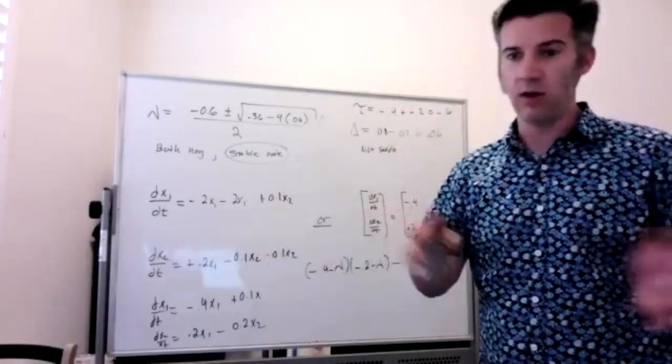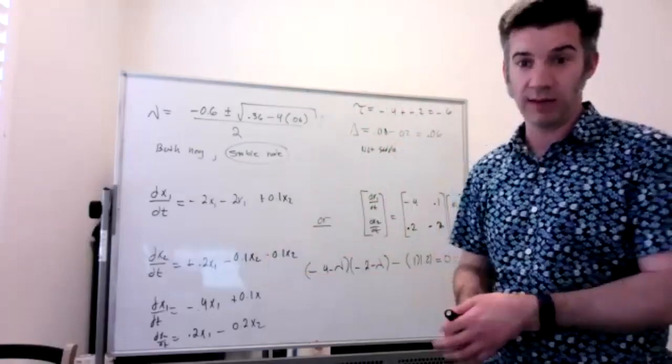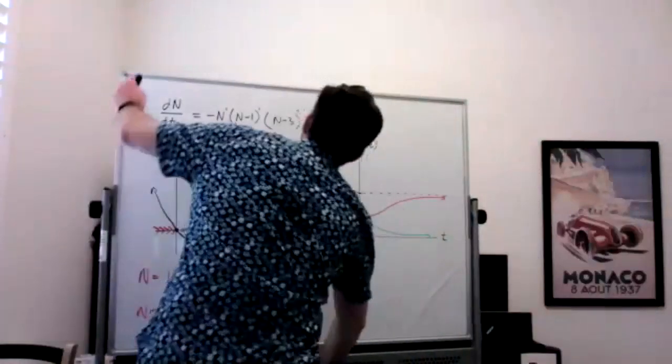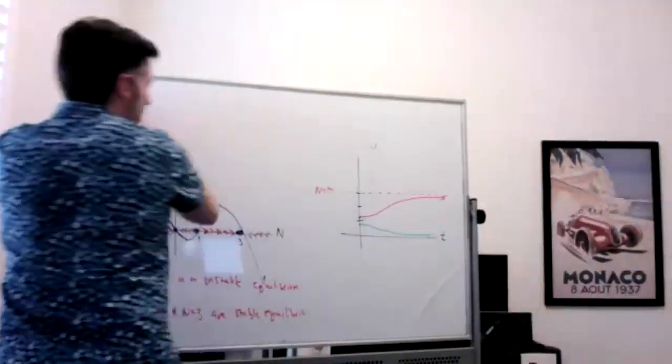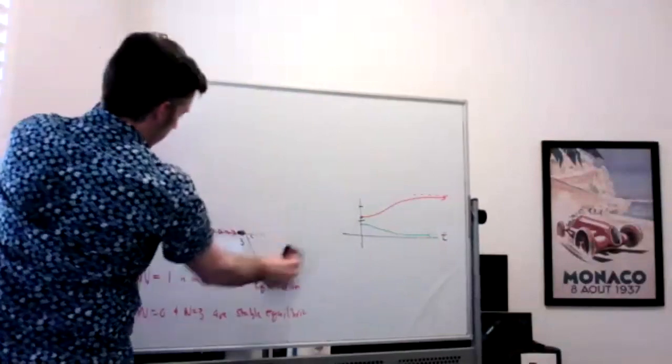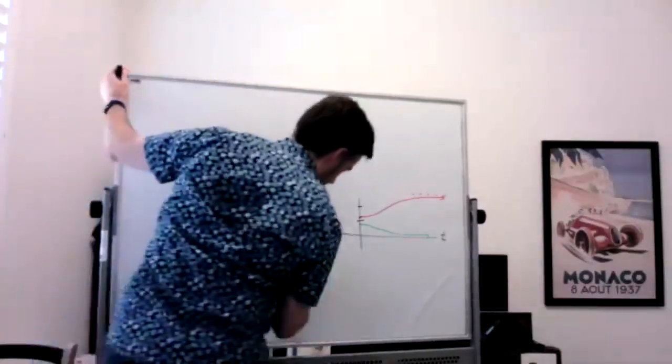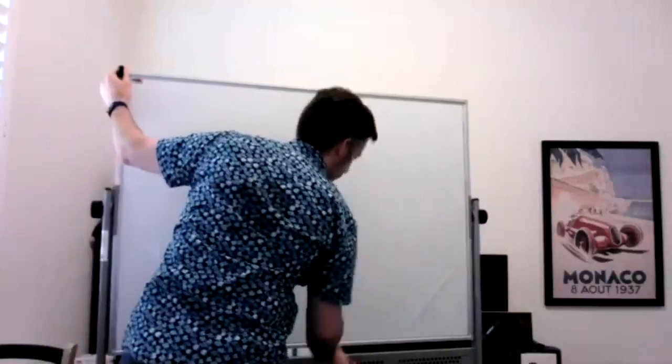Is it a spiral? Is it a node? That's what we're doing when we classify things. We're talking about what kind of equilibrium that one point at the origin is. If we start talking about nonlinear differential equations, then we'll see systems where you have multiple equilibria. It's a little more interesting.